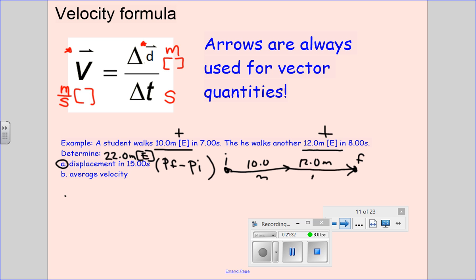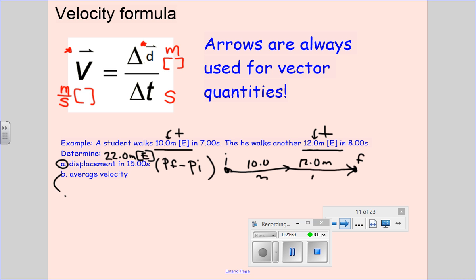Now I had to put 0.0 because both of my original values had a decimal place. When I add and subtract numbers, and that's all I did there was added them up, I have to keep the same number of decimal places. I also had to indicate the direction, and since the question said he was going east, east is the direction.